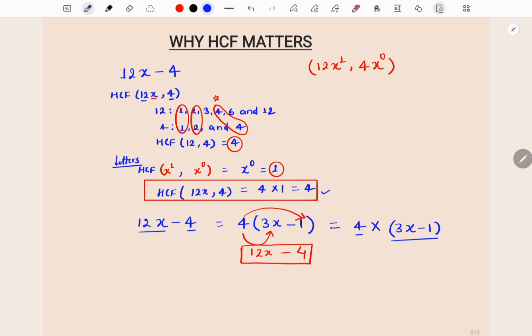Again, this process is called factorization, and every factorization always begins by finding the HCF. And that is why in this video we took many examples and we learned how we can find the HCF in different cases. So if you master HCF, factorization becomes straightforward.